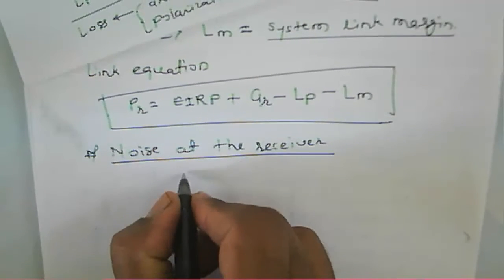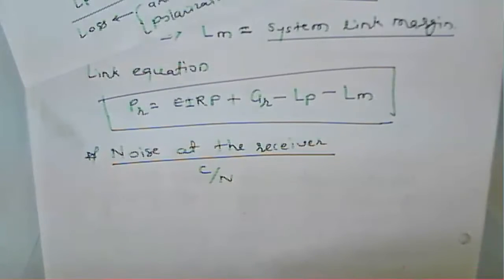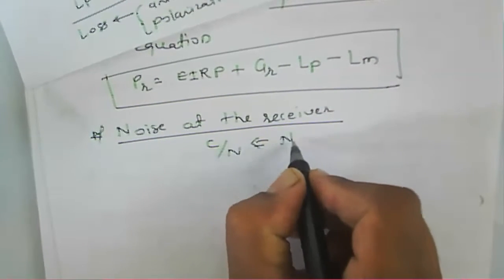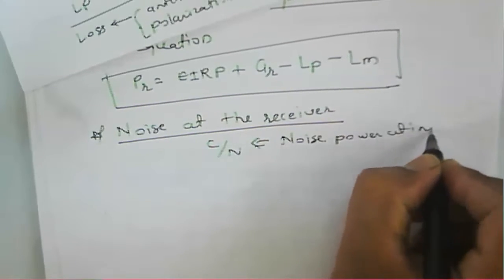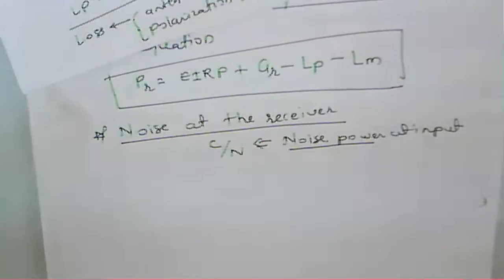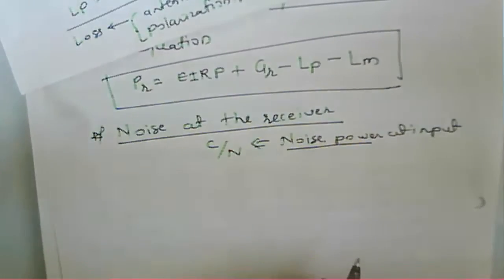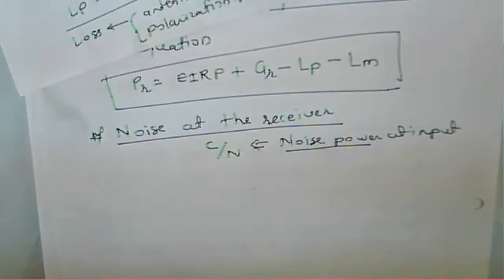We need to obtain the carrier to noise ratio, so we need to find the noise power at the input using this C by N. So we should know the noise power at the receiver, and that will give us the C by N ratio.